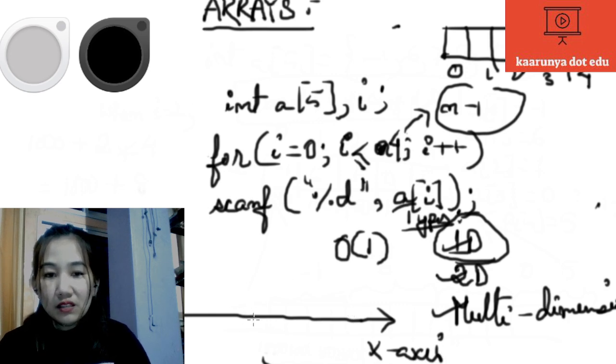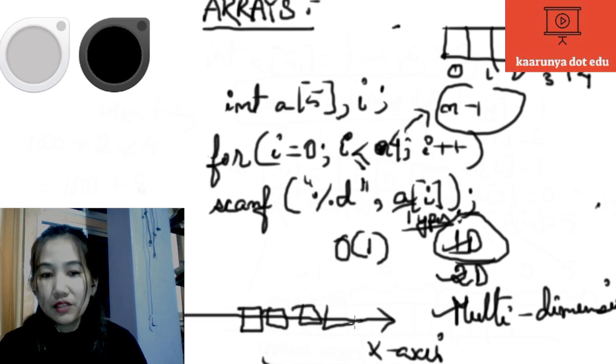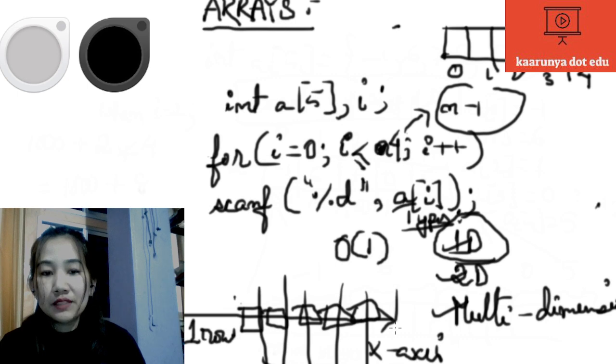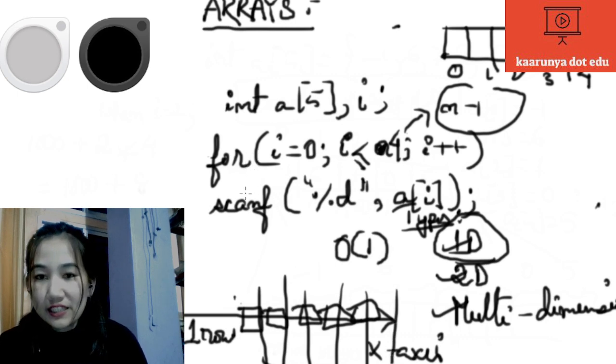So your values, your numbers, are going to be stored here. That means we have one row, but how many columns are there? We don't know. It depends on the size of the array, right?